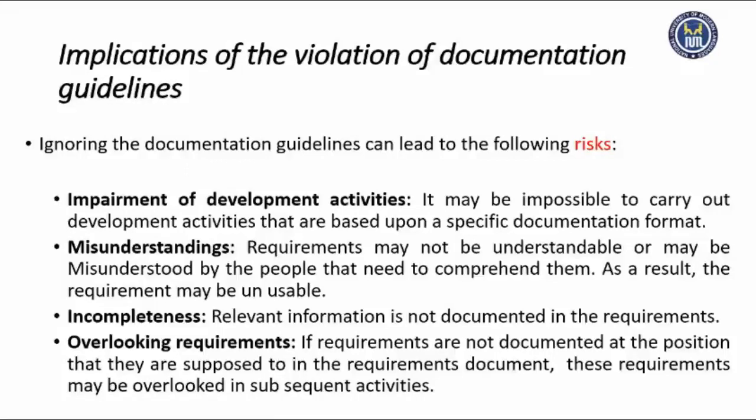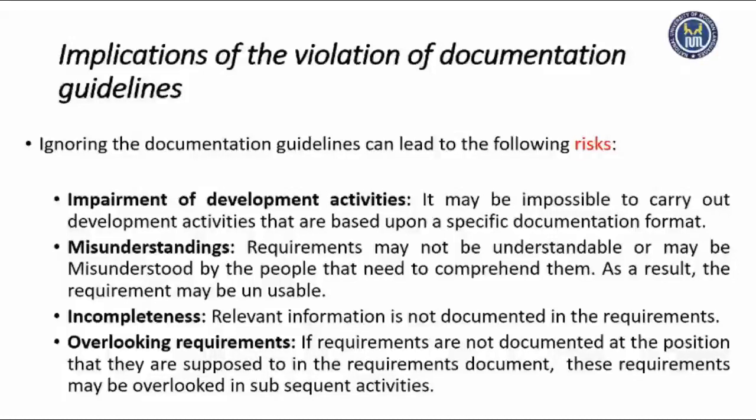If we do not fulfill these guidelines, there will be a risk involved in the documentation correctness. The first thing is impairment of development activities. It may not be possible to carry out development activities that are based upon a specific documentation format. Misunderstandings in a document: requirements may not be understandable or may be misunderstood by the people that need to comprehend them.